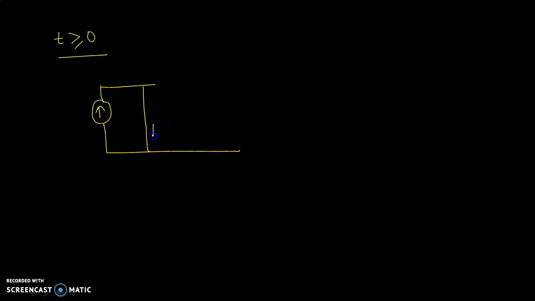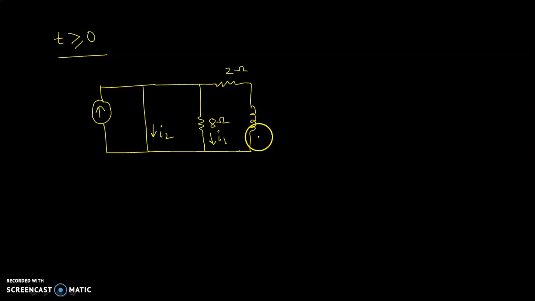This is your I2, this is your 8 ohm resistor with I1, and this was the place for the 2 ohm resistor, and this is the inductor connected, having current value IL through the inductor and 0.4 Henry L value given to you.